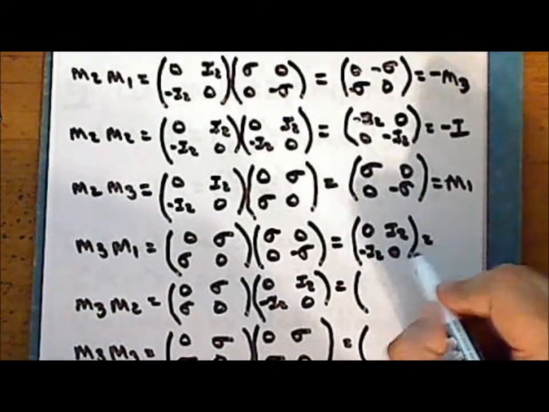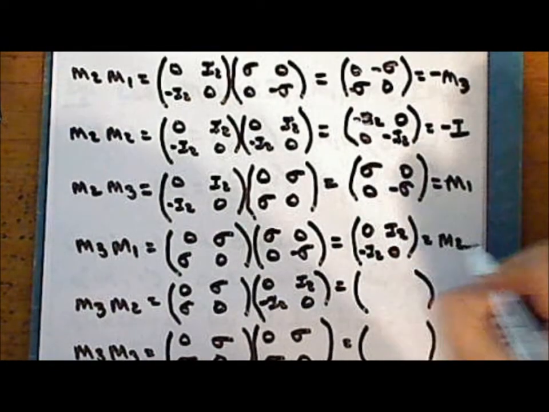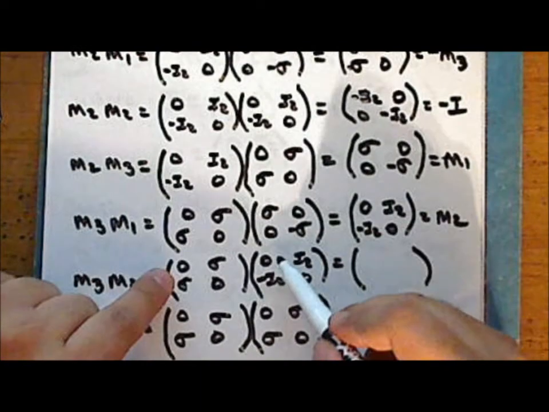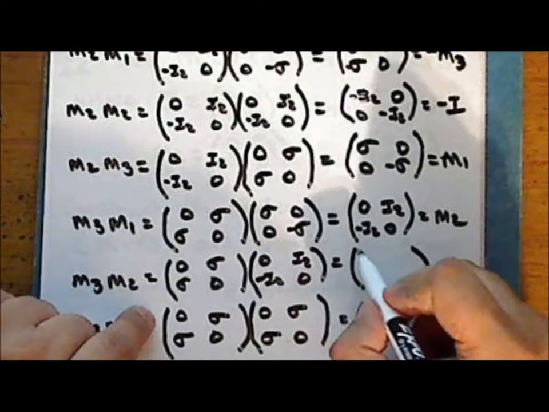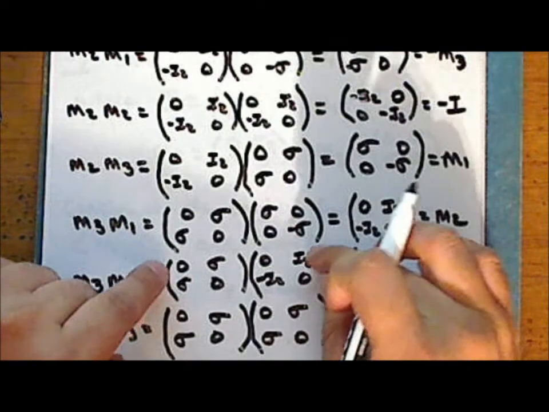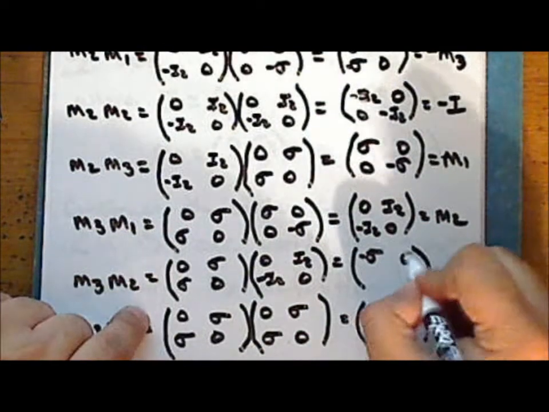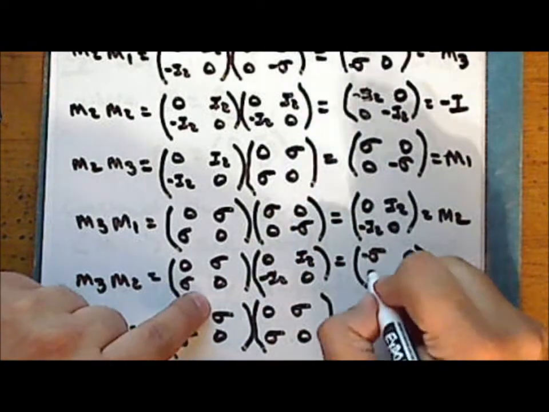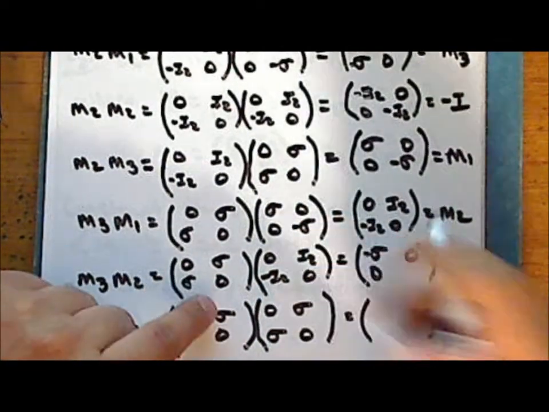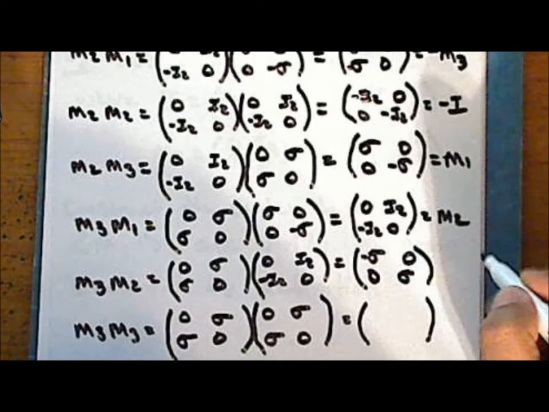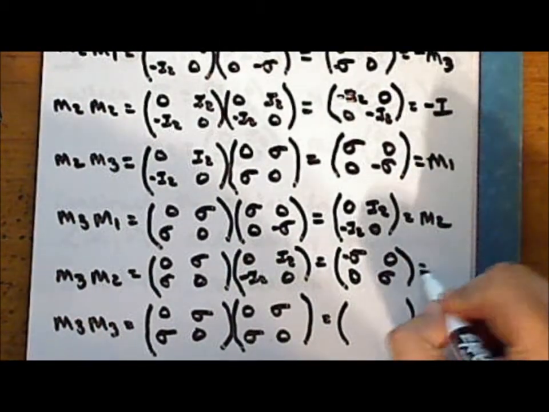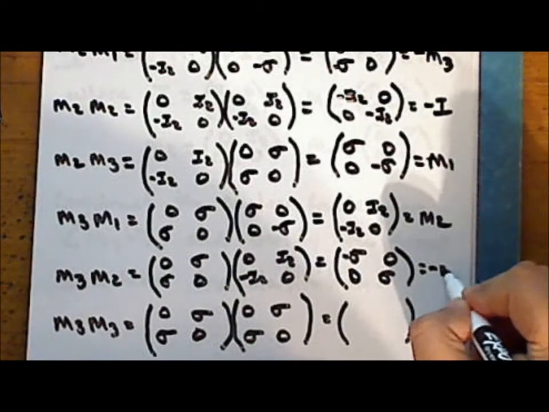And so this is the matrix M sub 2. M sub 3 times M sub 2 is the matrix with entries 0 plus negative sigma, 0 plus 0, 0 plus 0, and sigma plus 0. Notice that this is the negative of the matrix M sub 1.